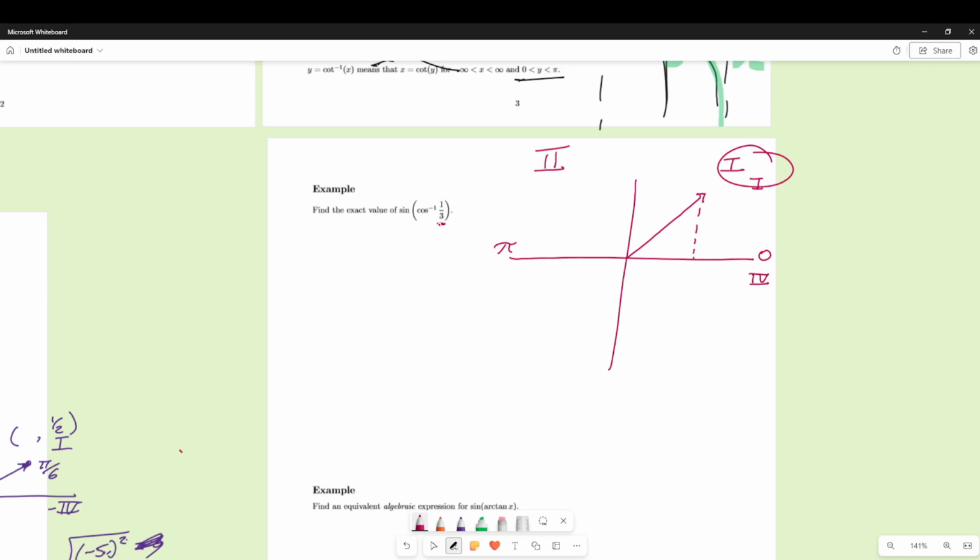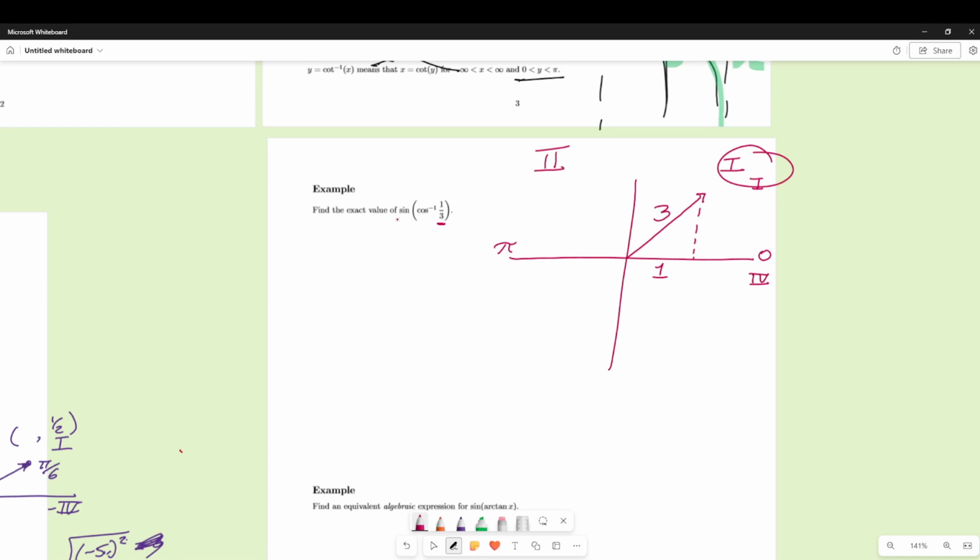Well, if the cosine's outputting a 1/3, sine and cosine can't automatically undo each other, but that doesn't mean we can't build some things. If the cosine is putting out a ratio of 1 to 3, that's an x over r, or an adjacent over hypotenuse if you want. So that's an x over r.